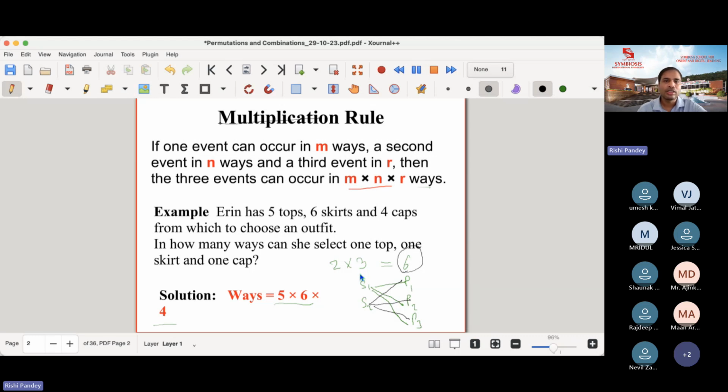So this is the way that can give you all the possibilities. Clear? You will see this example: shirt 1 you can take with all the pants, shirt 2 also, so total possibilities are 6. Similarly, if we generalize, in this case 5 tops, 6 skirts, and 4 caps, we can multiply. Done? So this is called the multiplication rule.